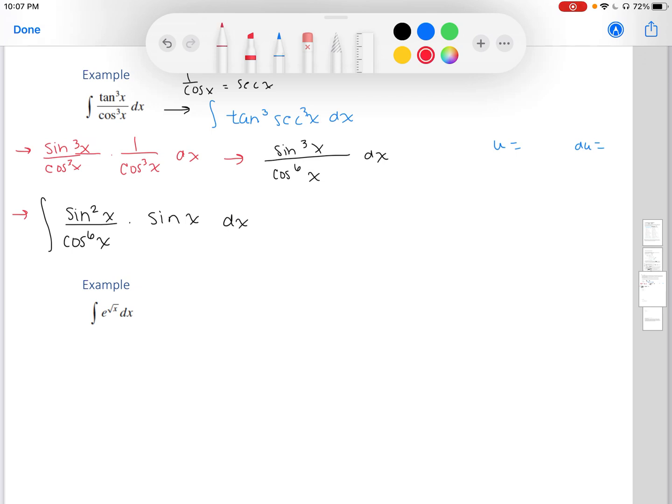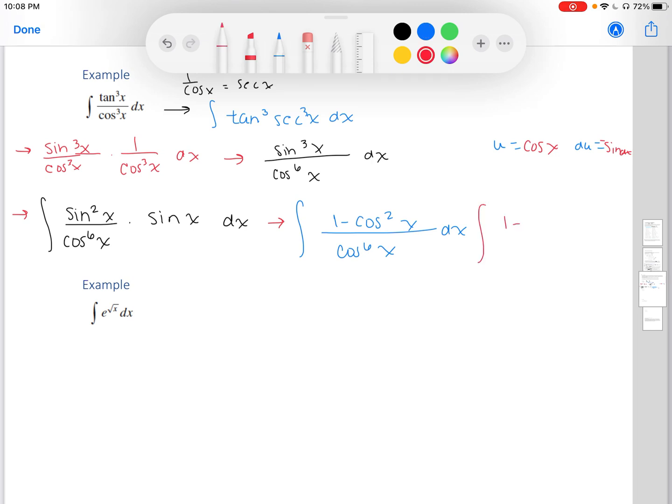Now we can let our u be cosine. Our derivative is now negative sine. We can write sine squared as 1 minus cosine squared. And now we can use our u substitution.